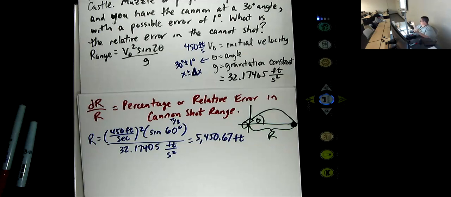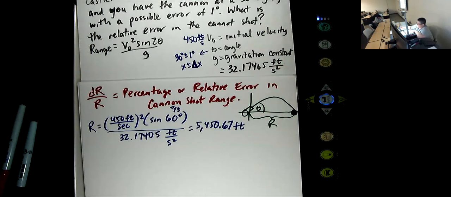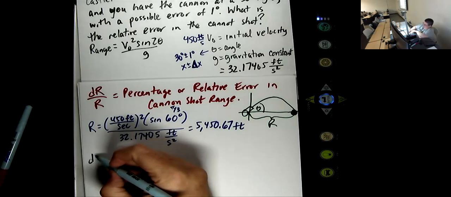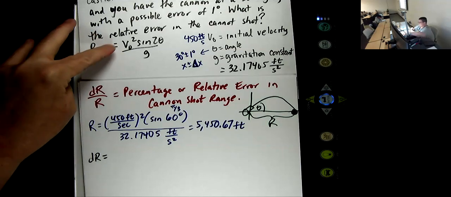But if that cannon's a little bit down or up a little bit, we can figure out how much we could possibly undershoot or overshoot by. So we find dr with respect to theta, going off of this equation up here.